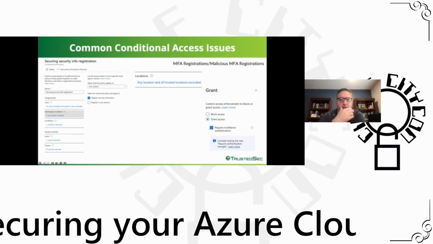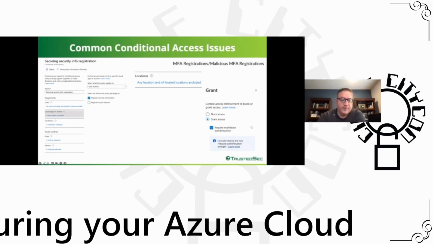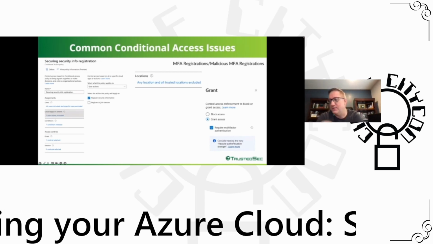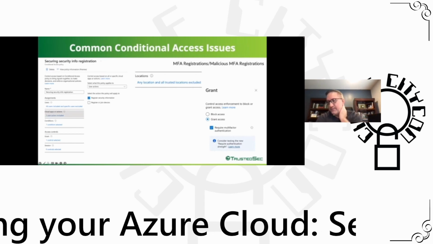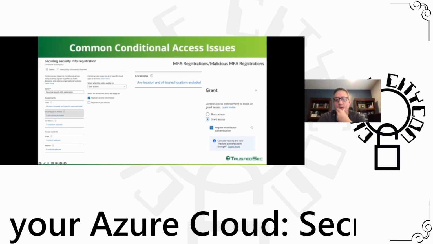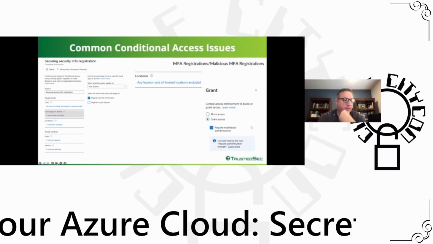Along with that, there are some other things that I don't see. There is a template called securing security info registration. So if an attacker gains access to an account, they may want to go ahead and backdoor that account with another MFA method.